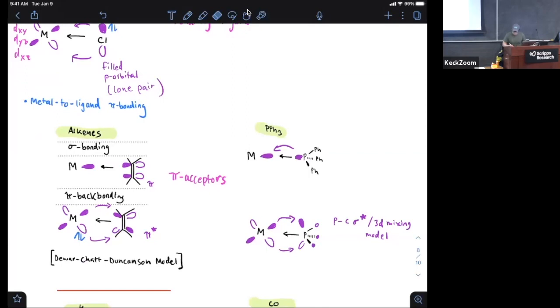We talked before briefly about how the bonding situation between alkenes and metals was initially quite unclear and was ultimately defined in the middle of the 20th century and led to the model that we accept now called the Dewar-Chatt-Duncanson model, which effectively is what I just said, this sigma donating interaction and pi back bonding interaction.